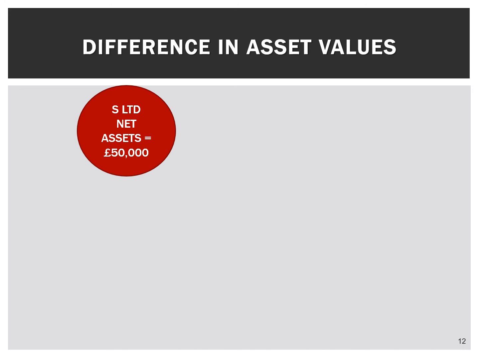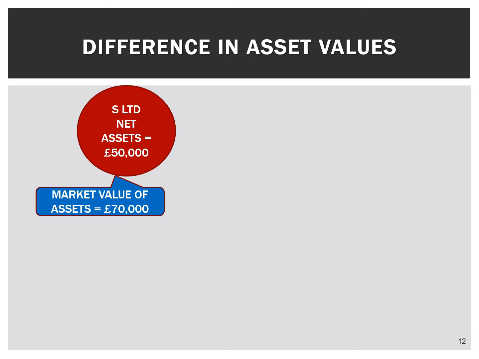Now, that's the historic cost of assets, and at this point in time, those assets are worth a total of £70,000. So there's a £20,000 increase in value that isn't reflected in the balance sheet figure.